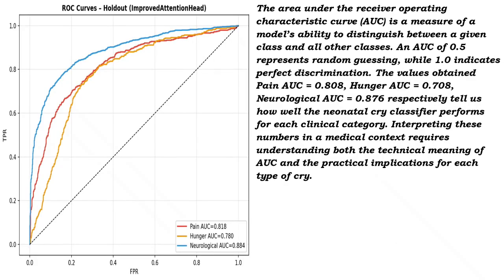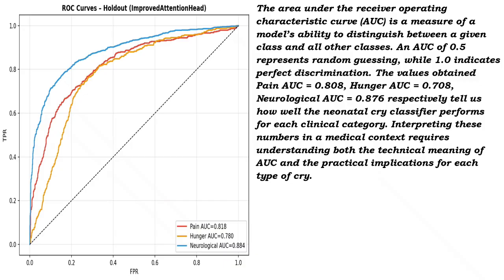The area under the receiver operating characteristic, AUC, is a measure of a model's ability to distinguish between a given class and other classes. An AUC of 0.5 represents random guessing, while 1 indicates perfect discrimination. All right.